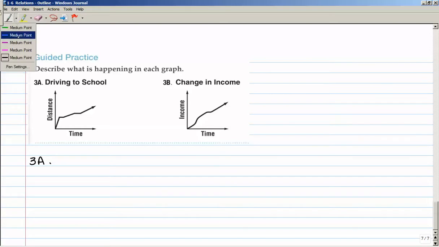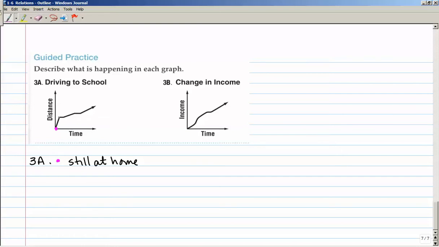Well, right here at this point, right at the very beginning here, when time is 0, my distance is 0. I'm still at home. I haven't left. My distance from home has not changed. So at this point, I'm still at home. In other words, no time has passed, I'm no closer to school.